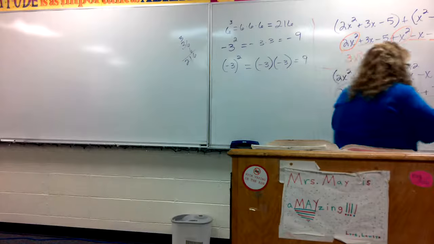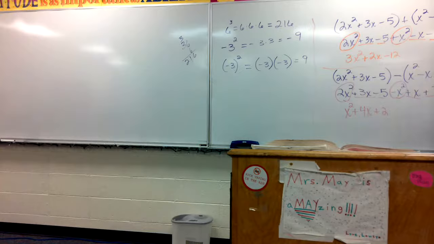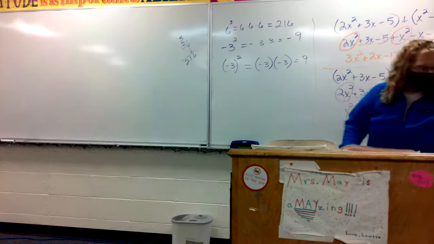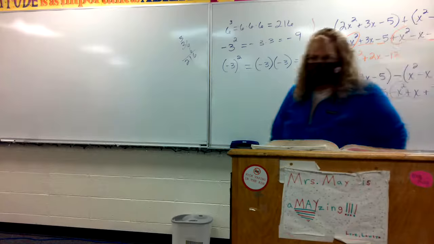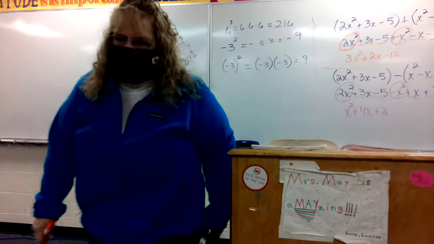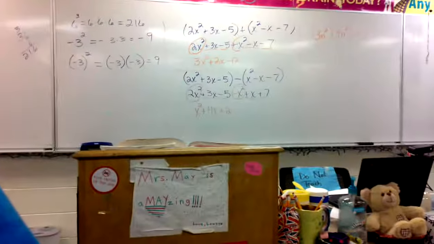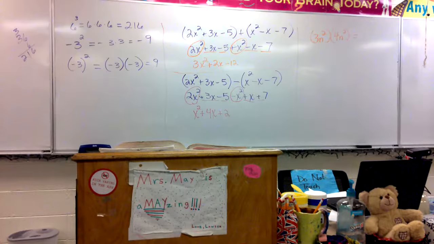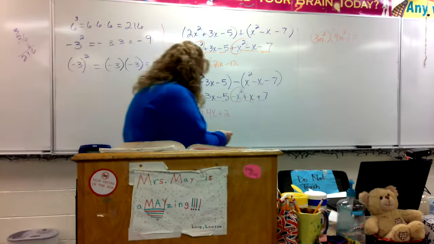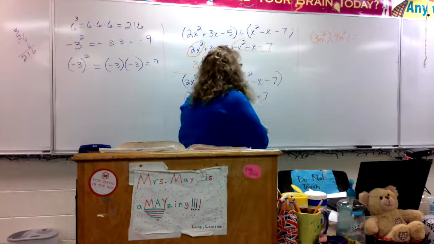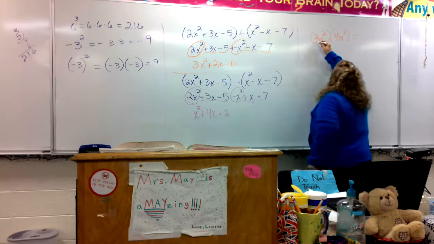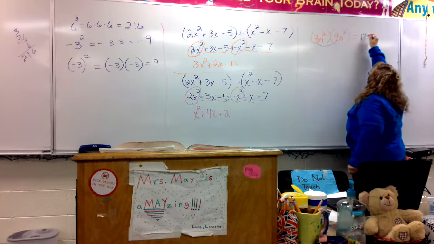Things like this, things like that, things like that. What do you get? Remember, for this, you multiply 3 times 4 is 12.